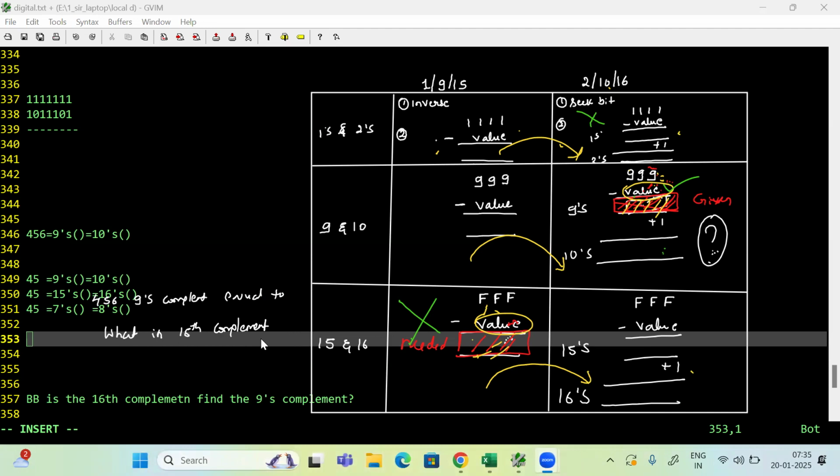Orange color are given. What is that they given? They given is this one. Orange color. Correct. What they are asking? They played with 1s and 2s, 9s and 10s, 15 and 16s. But when we ask cross, the real talent will get to know now.